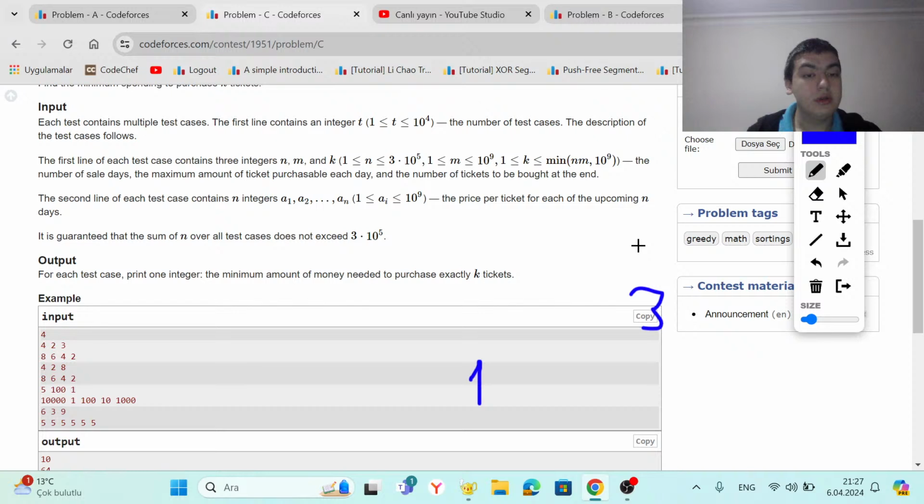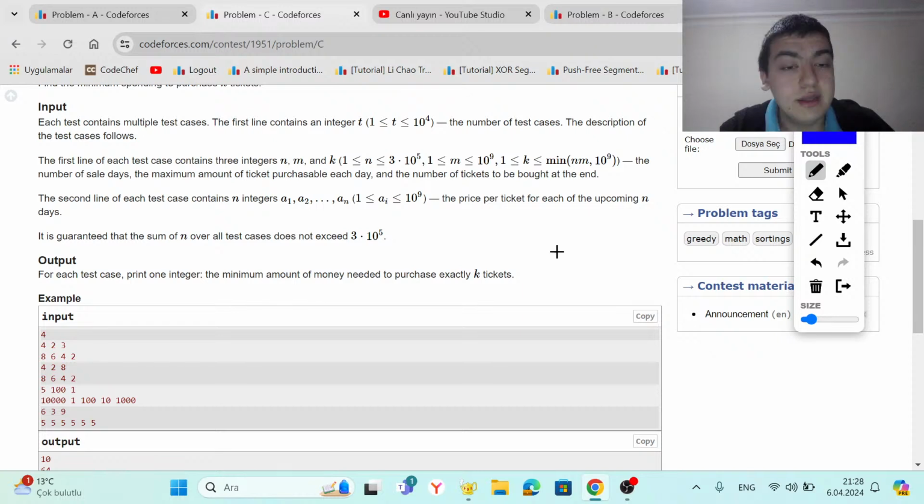So choosing tickets on some day is not affected by the tickets that we have bought in the previous operations.